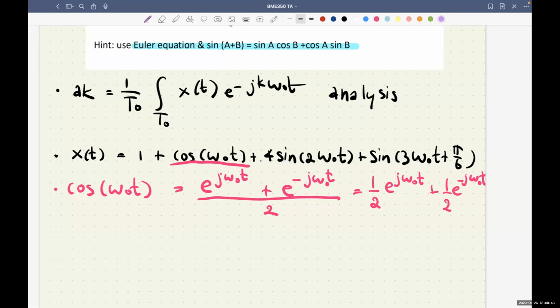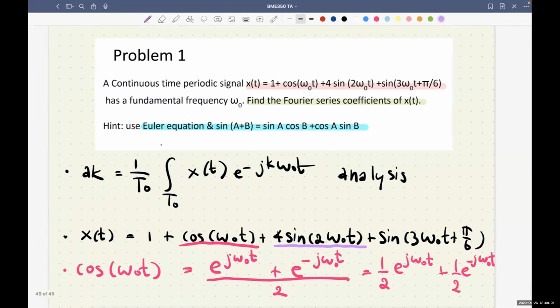Now let's look at the second term, 4 sine 2 omega naught t, right?